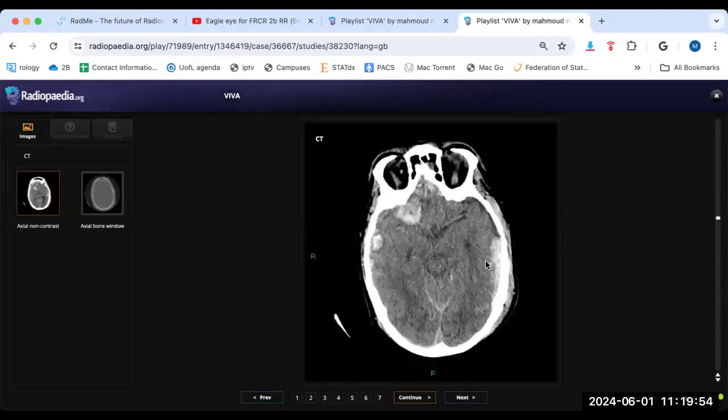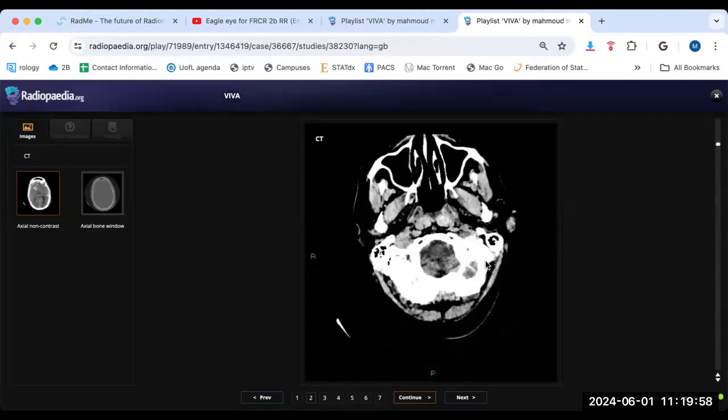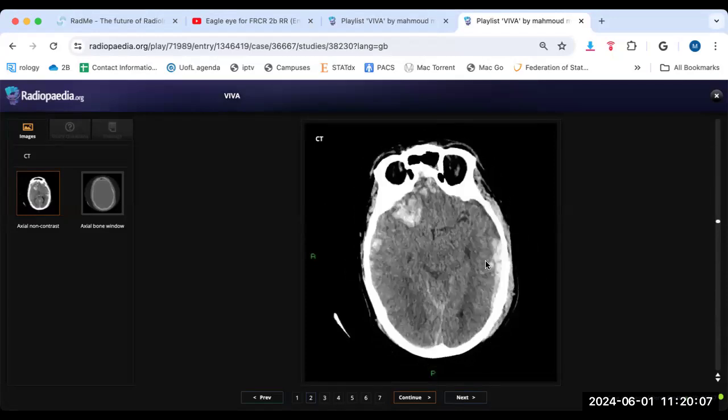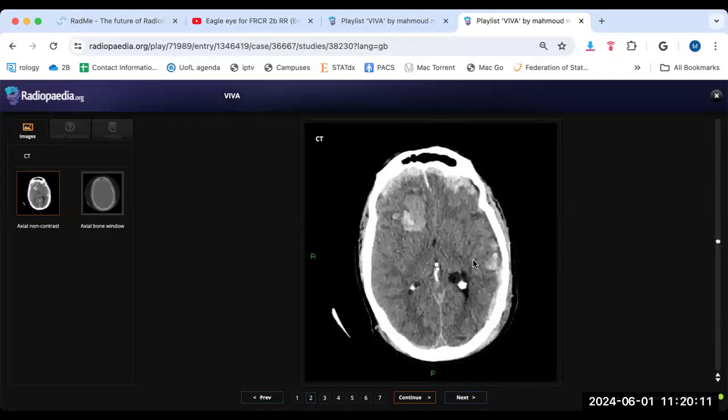However, I can see multiple parenchymal hematomas. I can see there is a large frontal hematoma with surrounding edema.